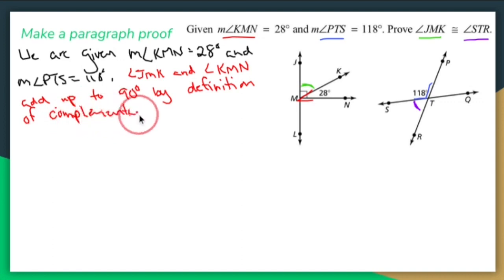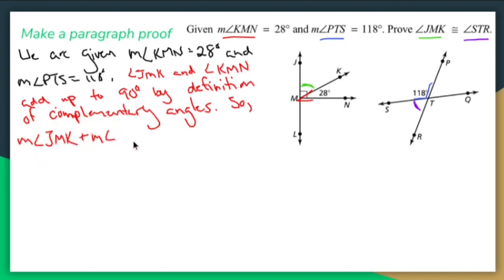So maybe what I should have said is that the measure of angle JMK plus the measure of angle KMN equals 90. Probably a better way to say it. Already my paragraph proof is falling apart. It's just much worse than it has to be.